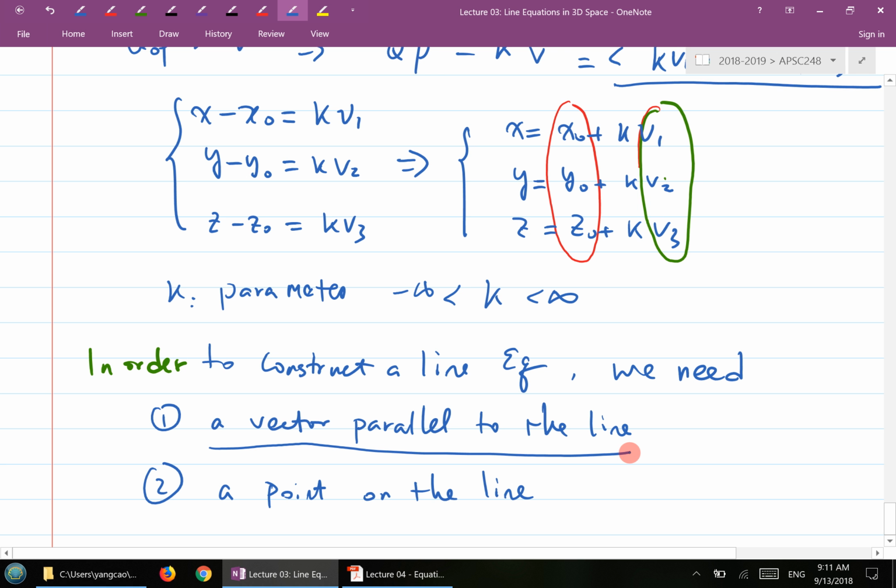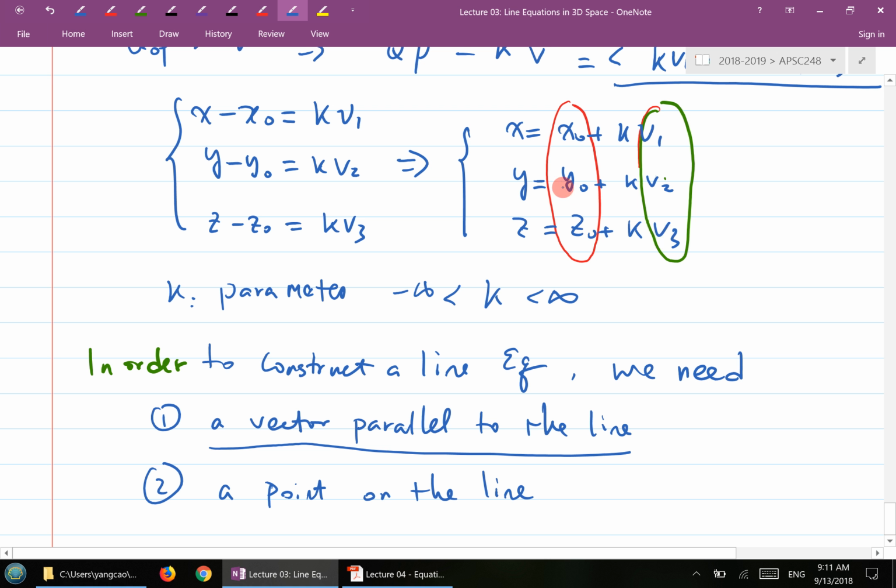Infinite. I can literally plug in a scaled version of V1, V2, V3 at this location, as long as the scaled vector is parallel to the same line, right? So that number basically can change. As long as this number changes, you get a different parametric equation.